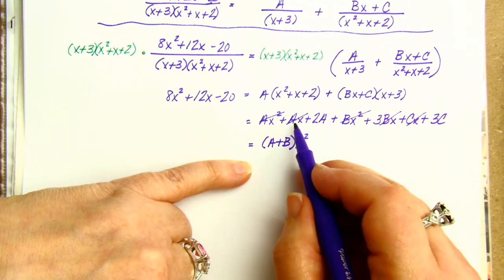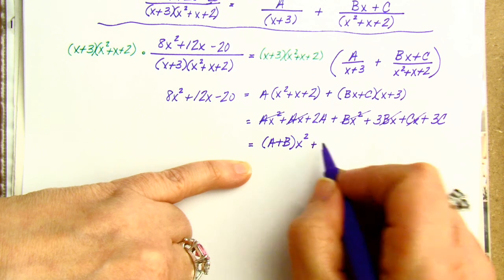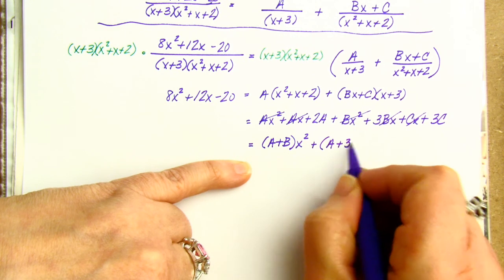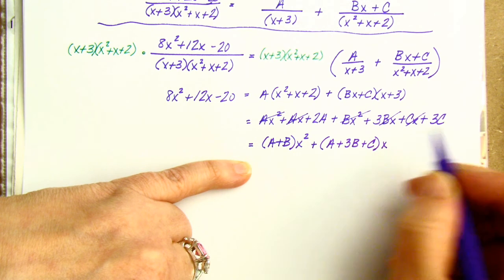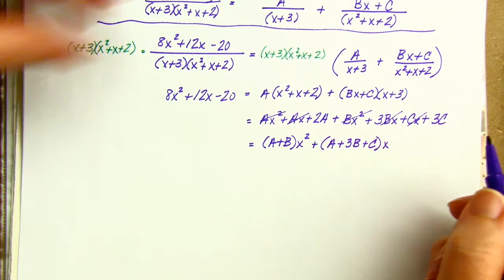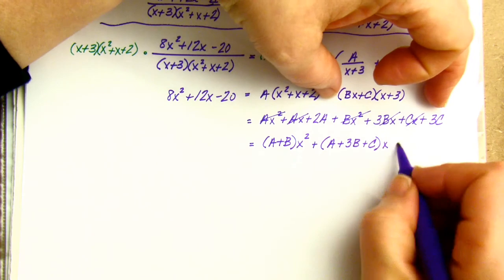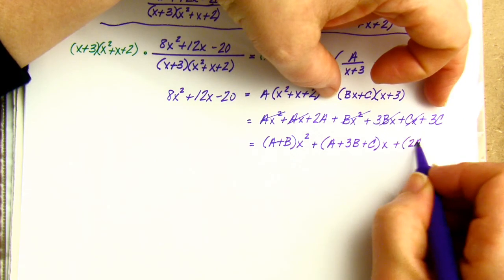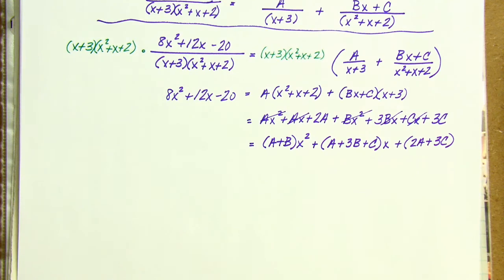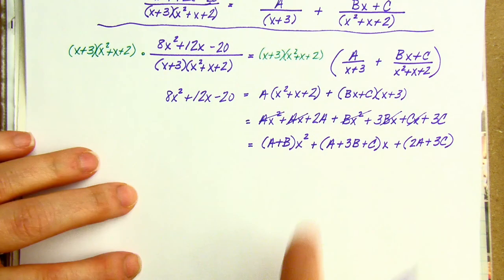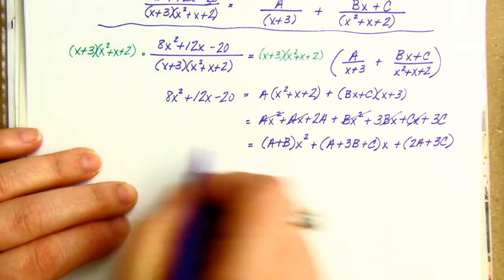So I've got a plus 3b plus c times x. Constants, 2a plus 3c. Please group that constant so you don't get mixed up. All right, I've got a trinomial, and that's a trinomial, so that's good.